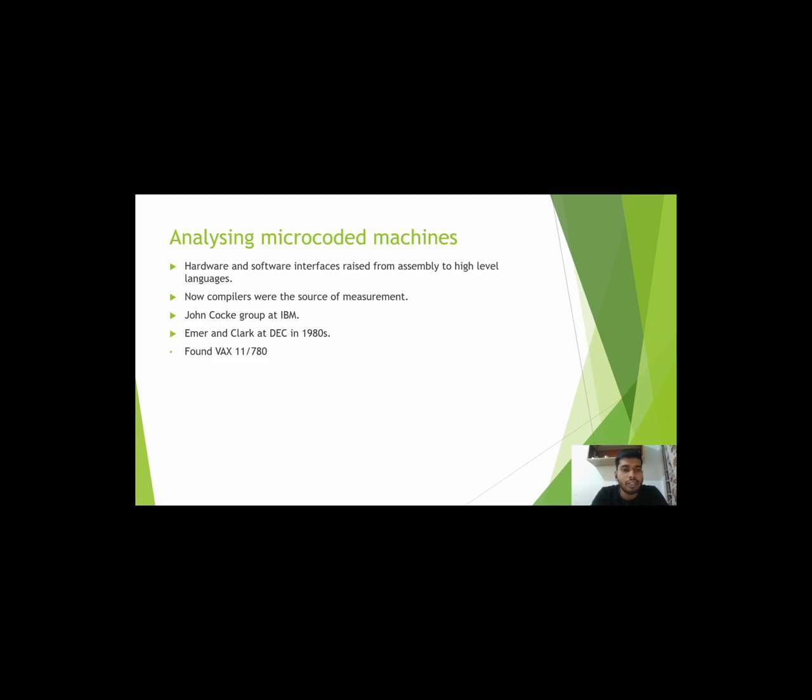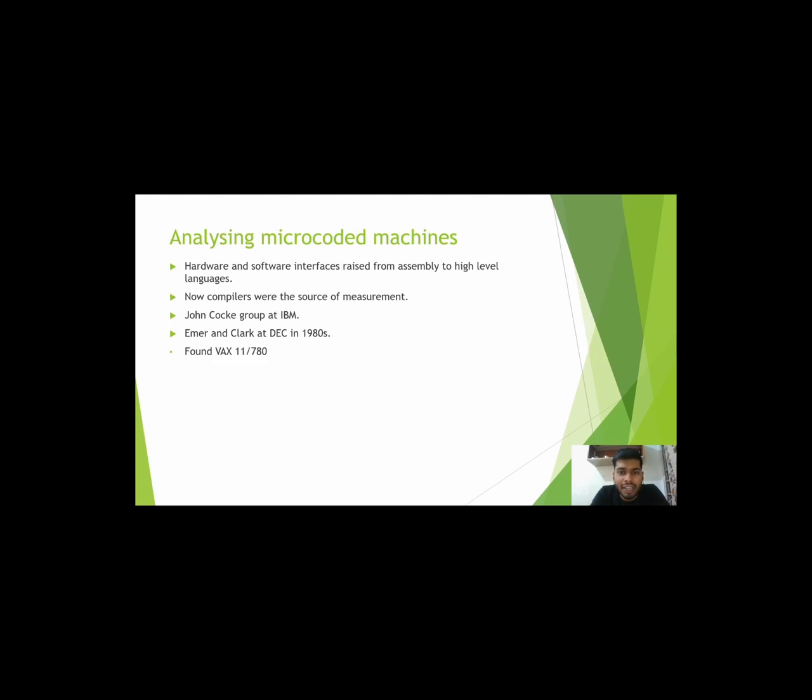For that, John Cocke worked on the 801 minicomputer, a simple pipelined processor, with a compiler ported to the IBM 370. It only used simple register and load-store instructions. Now compilers were being used as a source of measurement.